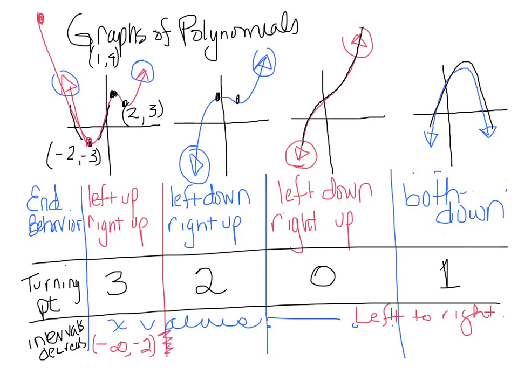And let me get rid of this line so I can do another interval, because it's also decreasing between those 2 points right there. So that would be from x is 1 until x is 2. Okay, so those are my intervals of decreasing. And we'll practice some more of that as well.